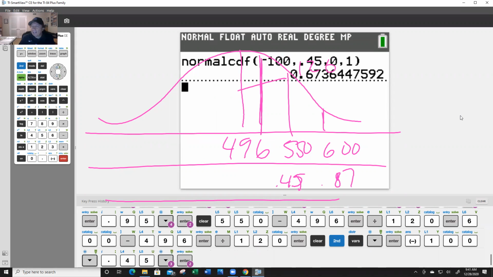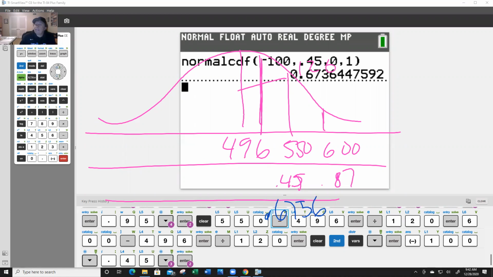And that is about the 67th percentile, 0.6736, okay? I'm going to change colors on this. So we got 0.6736.